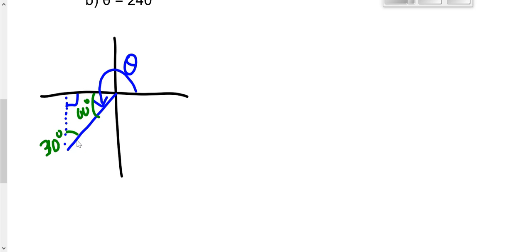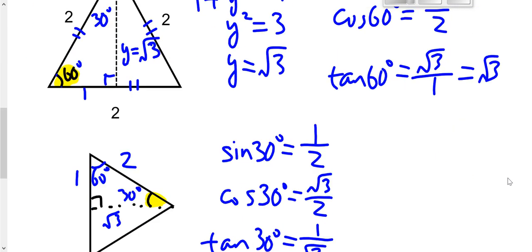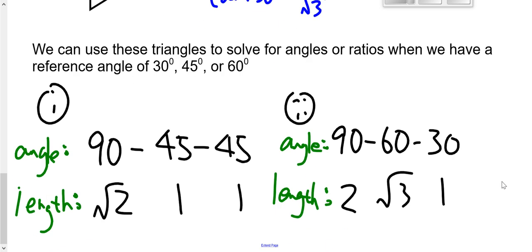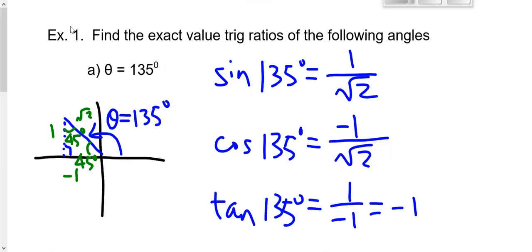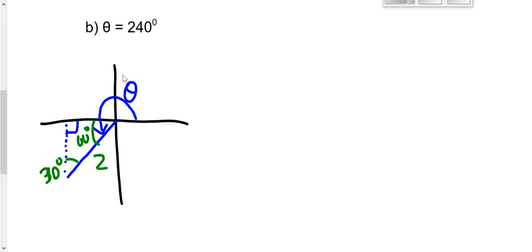So this side is root 3 and this side is 1.